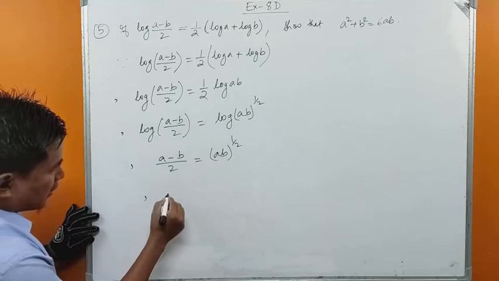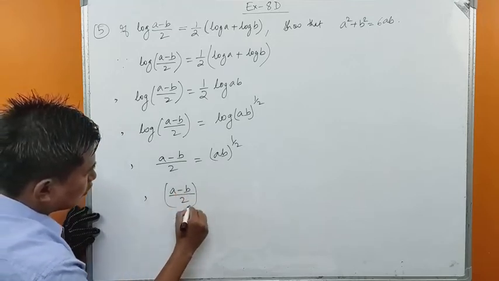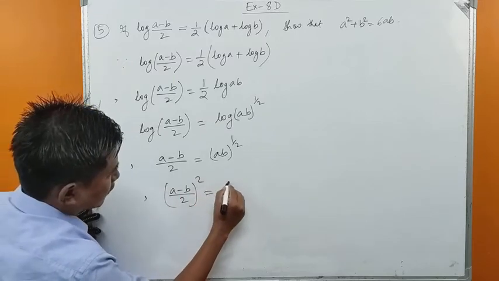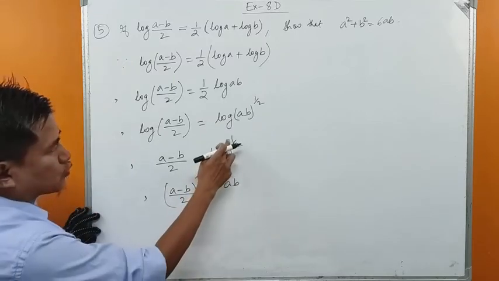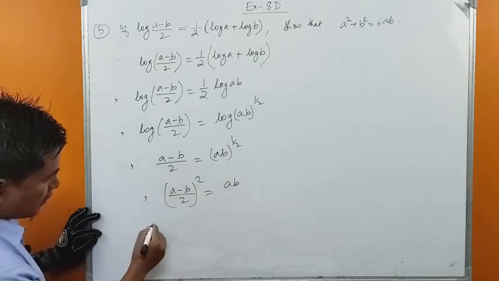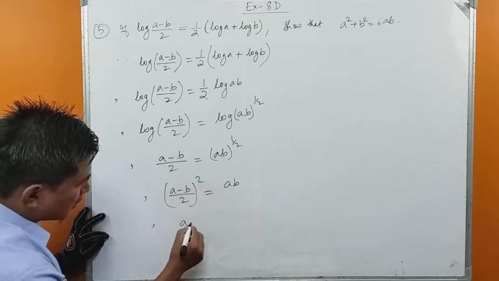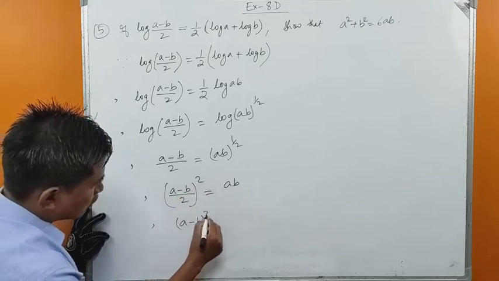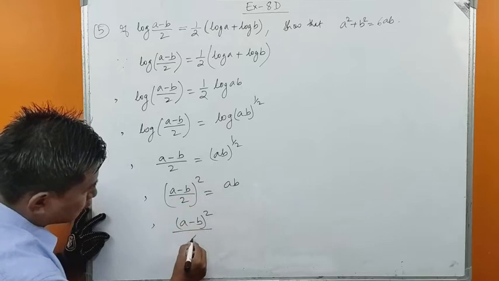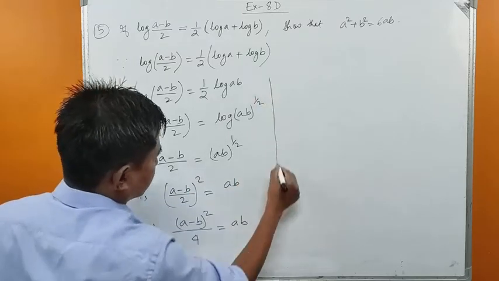If we bring this to the left hand side, it becomes a square. Or (a minus b) upon 2 whole square equals ab. This 1 by 2 when brought to the left hand side becomes a square. Now (a minus b) whole square upon 2 square, which is 4, equals ab.